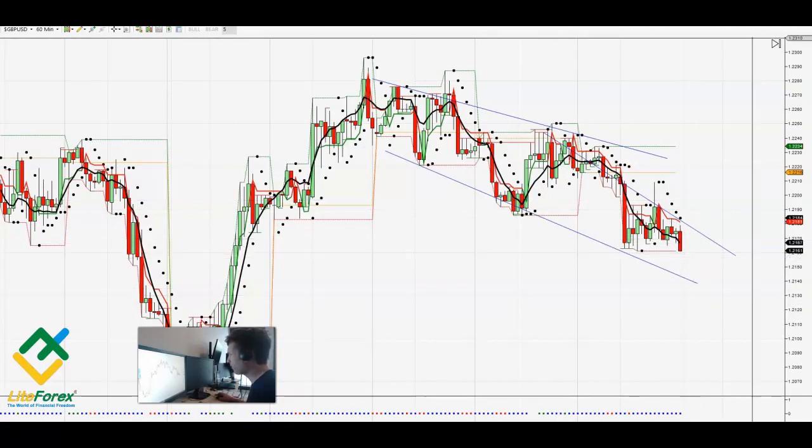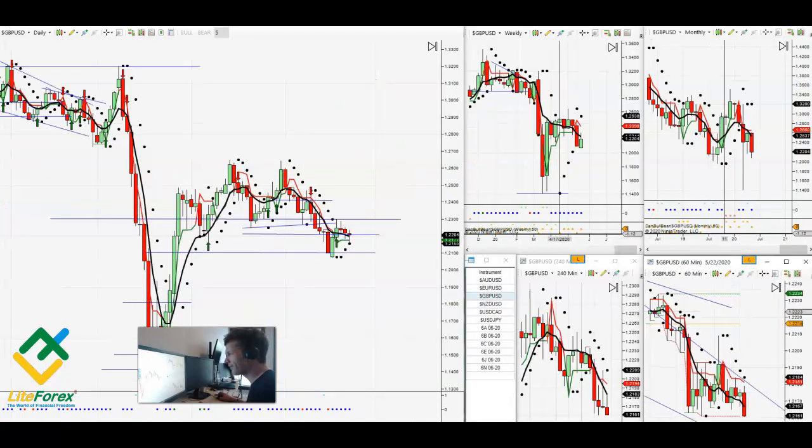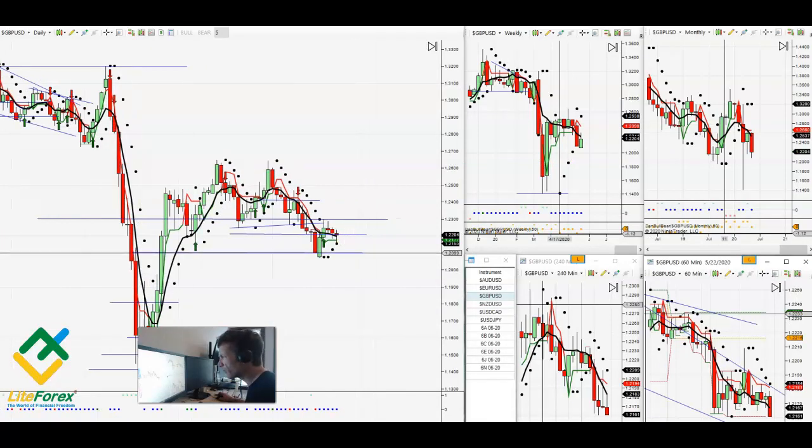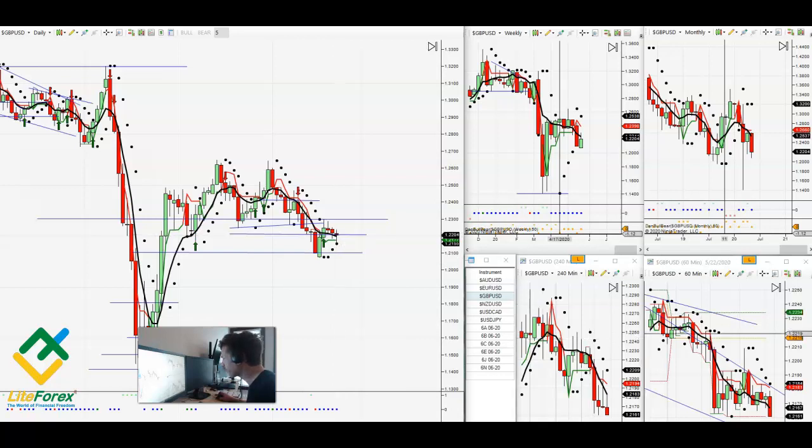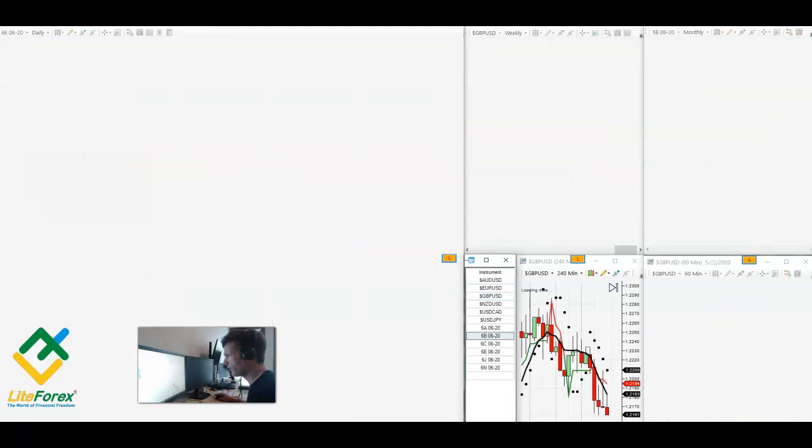It definitely looks more bearish than anything, but the fact that we're hovering around that support price is what's interesting to me. So let's see if it can hold and have a big turnaround on Monday. Let's take a look at the pound futures though.